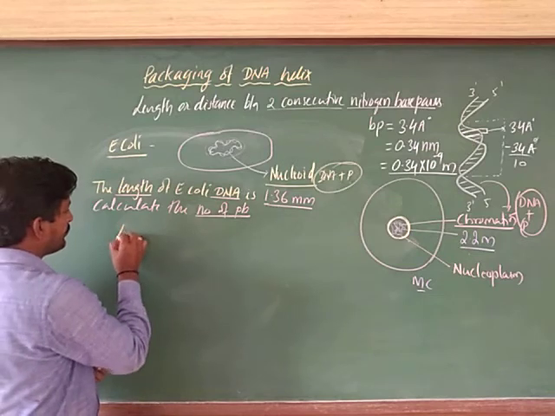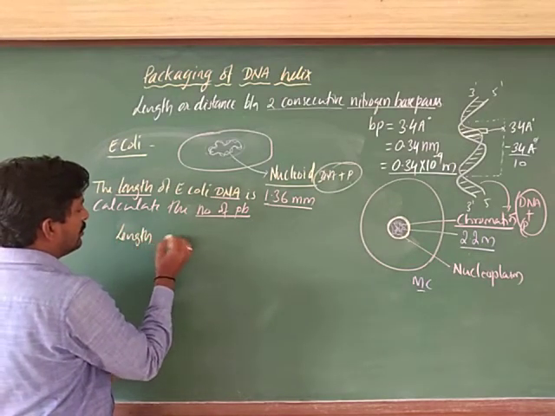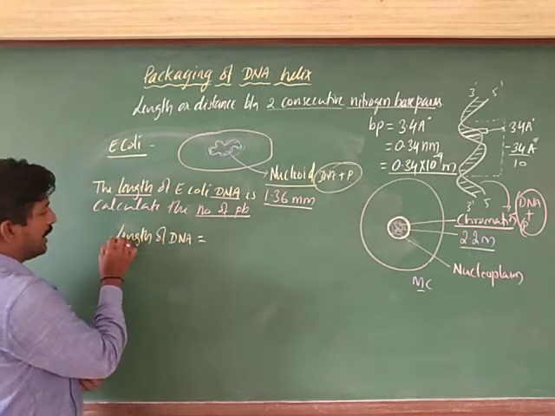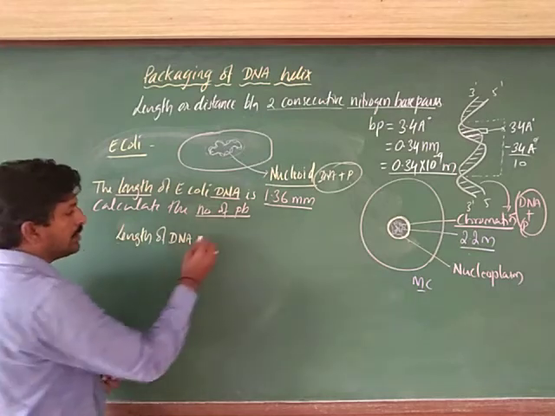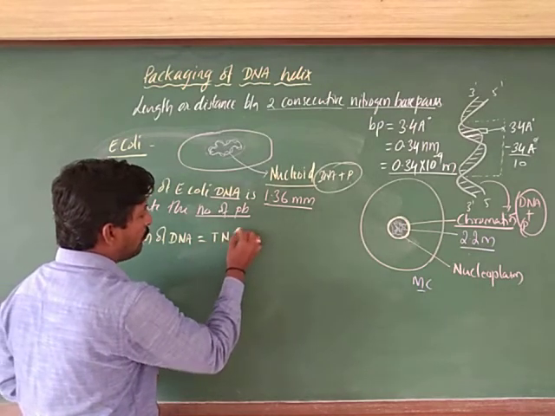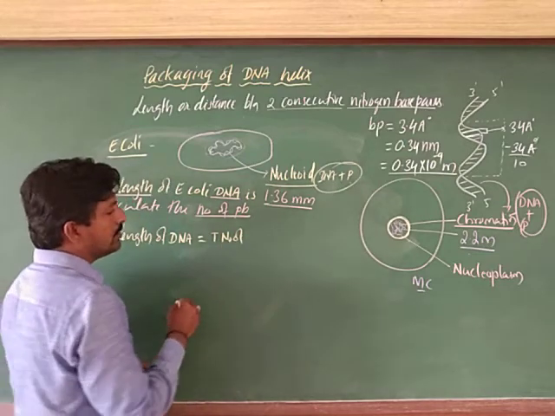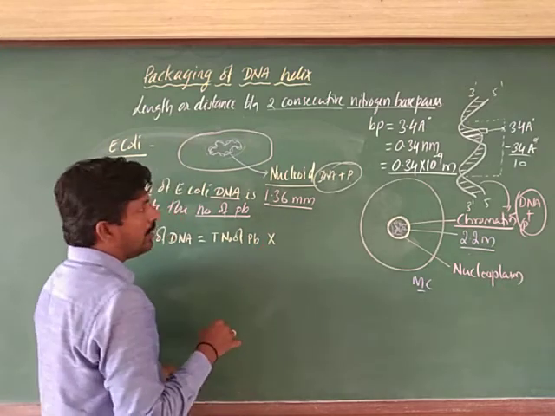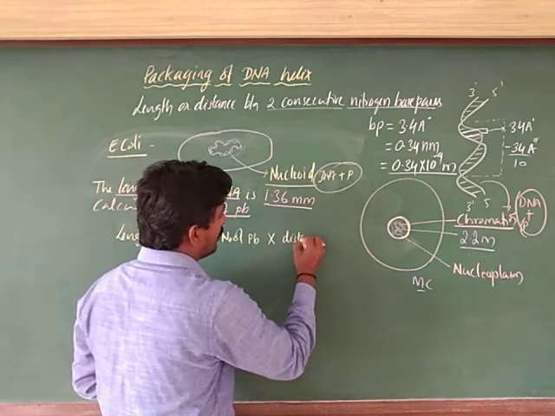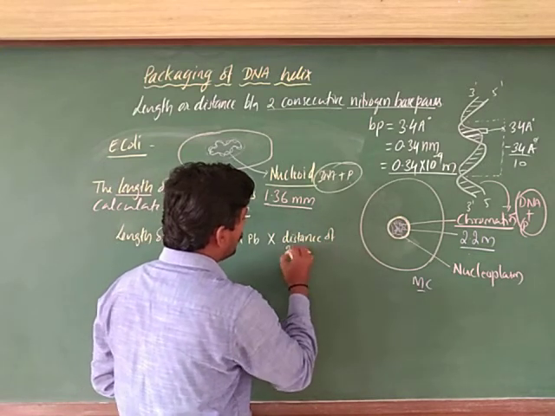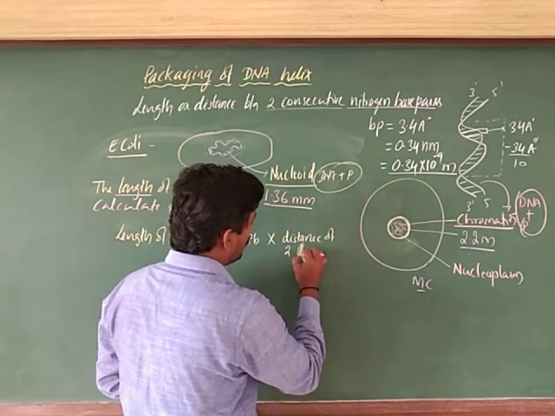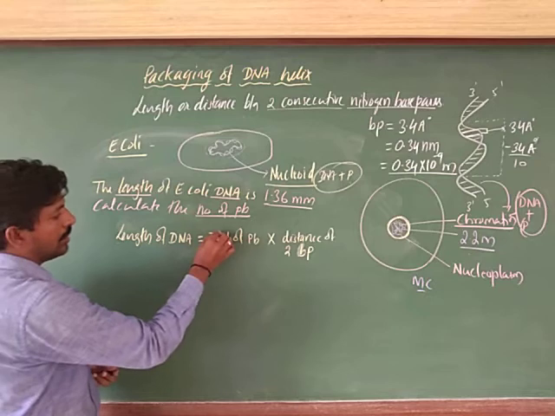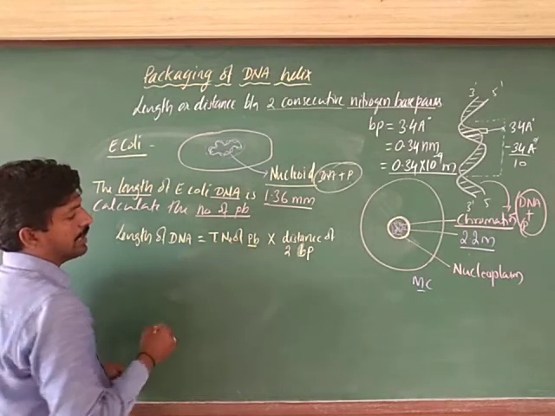The total length of DNA is equal to the total number of base pairs multiplied by the distance between two consecutive base pairs. I am simplifying here.